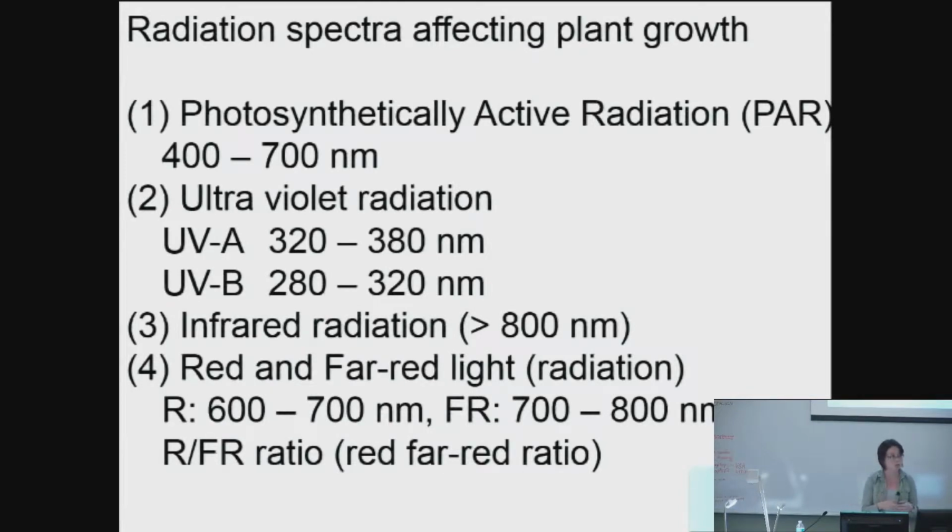And then I'll show you quickly an example of the response that is governed by phytochrome, which is a sensor for the plants to sense the light quality. And then we express the light quality using the red and infrared ratio, which is a very simple way to quantify the phytochrome related light quality, red and infrared ratio.